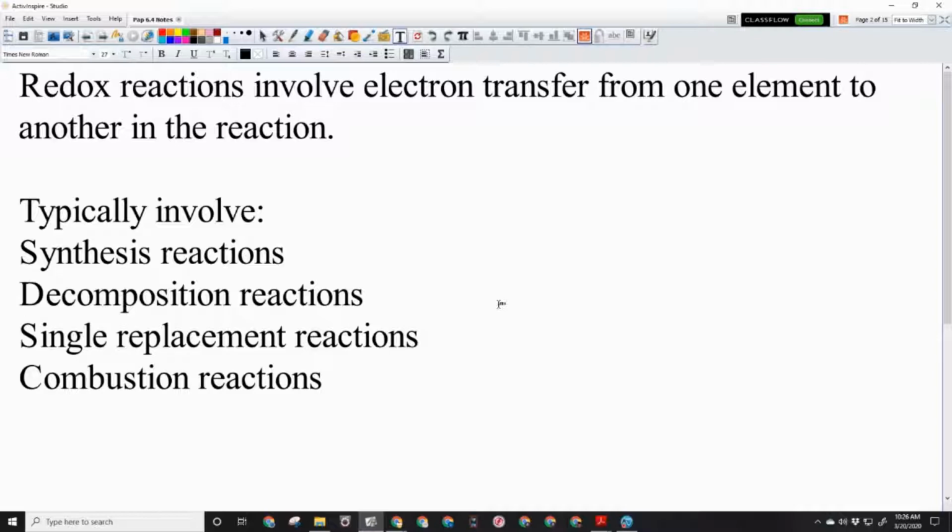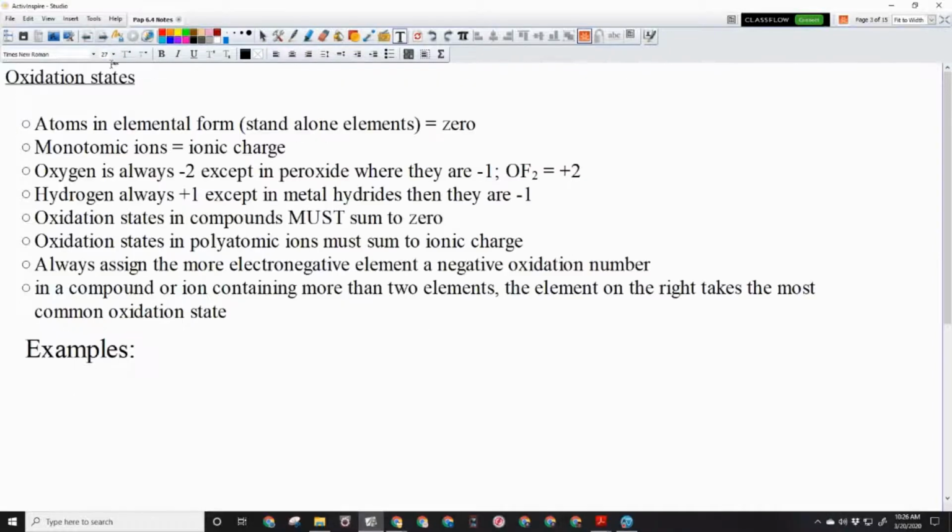So it involves reactions that have an element at some point in the reaction that is by itself, usually, where the charge of that element is going to change. And we'll talk more about that here.